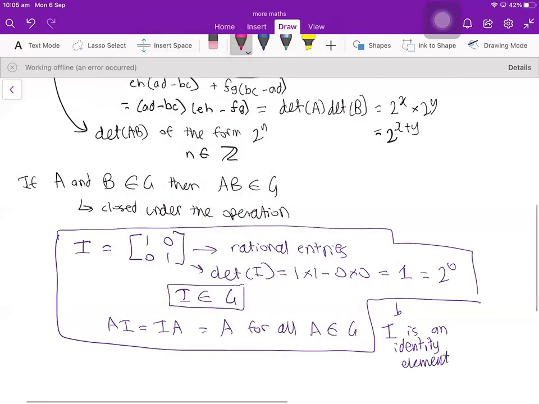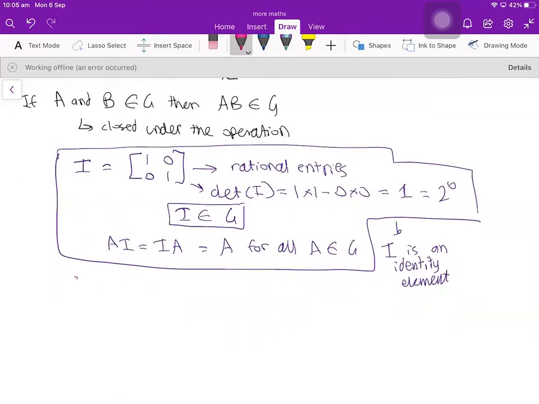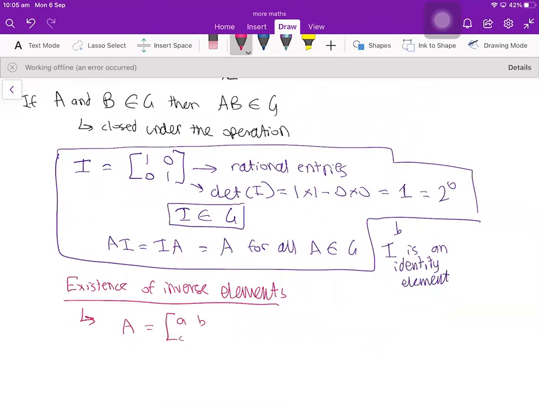The final thing to show is the existence of an inverse. So existence of an inverse element for all matrices A in the set. Again, I'll rewrite the matrix A as this, which is in G, and again A, B, C, D rational, and determinant of A is equal to AD minus BC is equal to 2 to the x.